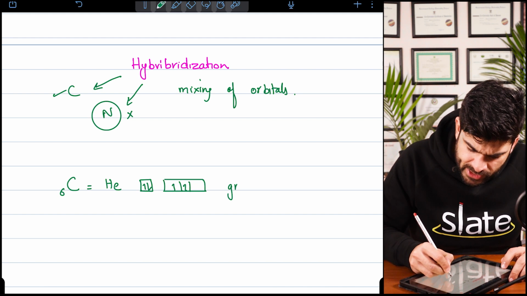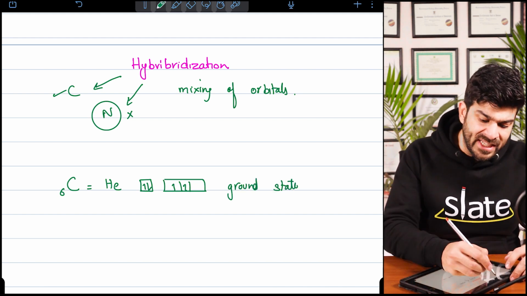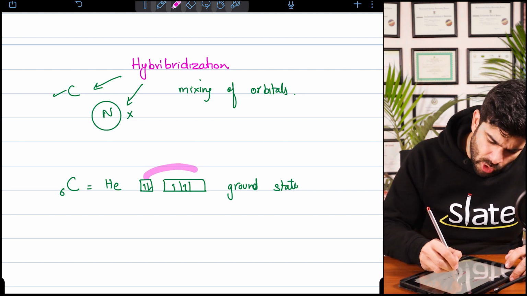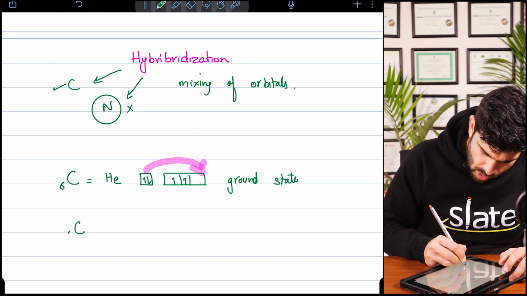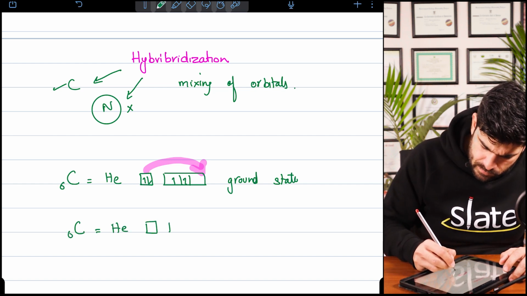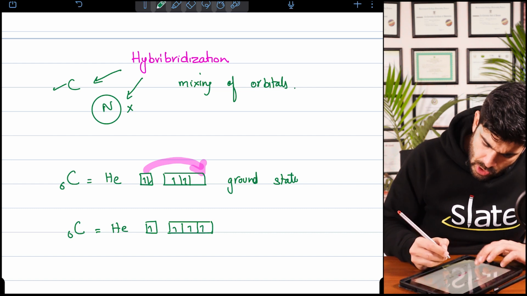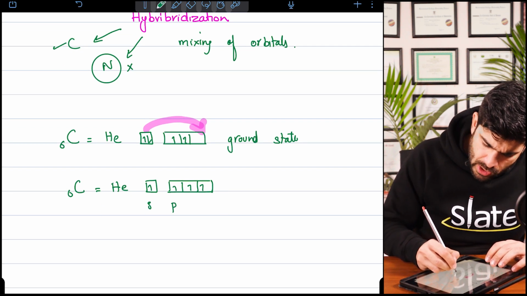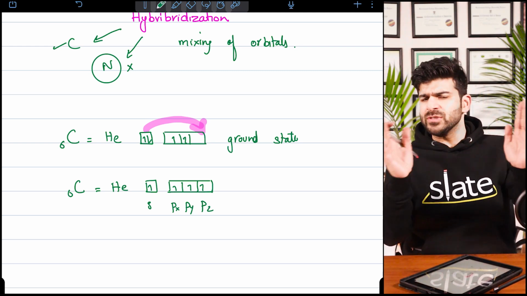This is the ground state. But when we excite it, we know that the electron will go from here to here. So carbon 6 will form 2s, px, py, and pz, 3p orbitals. That is what we know about carbon.